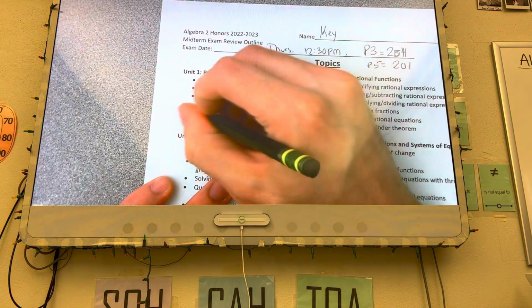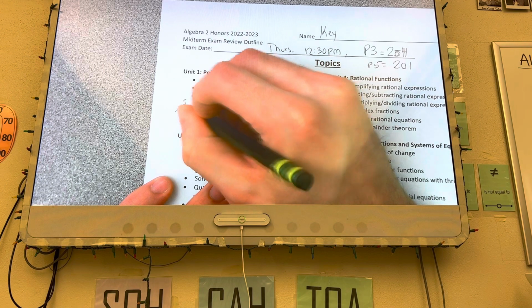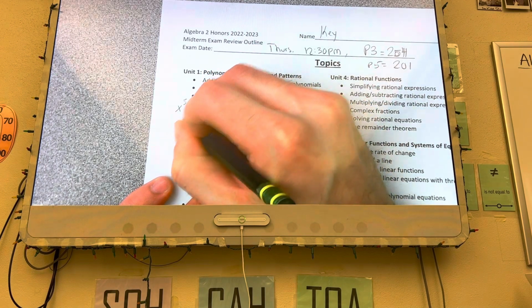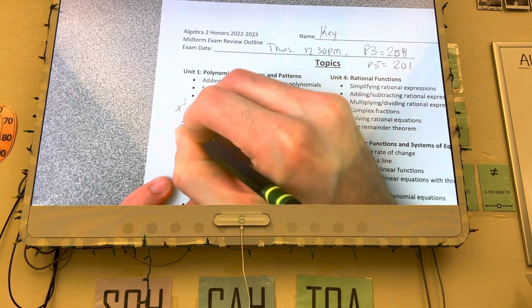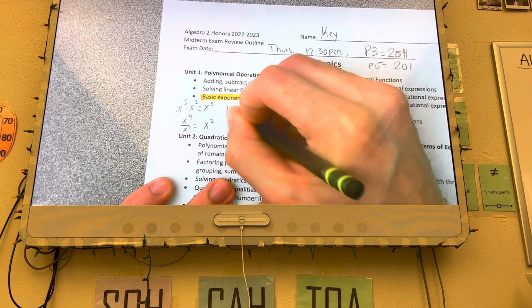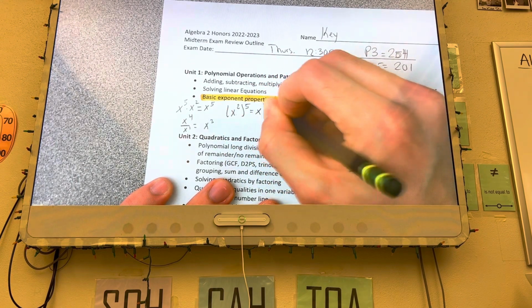So, you have the power property. Let's do like x to the third times x to the second is x to the fifth. Right, it's the product property. x to the fourth over x to the first would be x to the third, right? Subtract the exponents. x to the second raised to the fifth, you multiply the exponents to get x to the 10th.